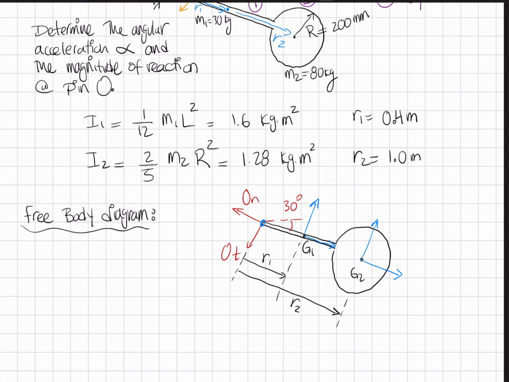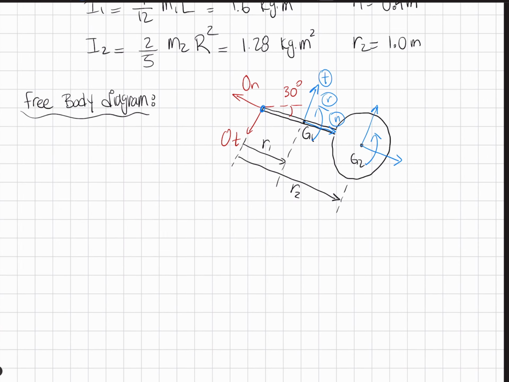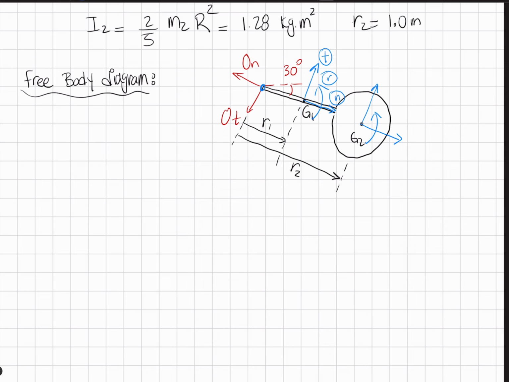In addition, I know that the entire body is rotating clockwise, so I expect a general rotational inertia as well. So there are three components that we're dealing with: tangential components, a normal component, and a rotational component. These are all elements of the three equations of motion that we need to address right now. So what I want to do now is take these two points, G1 and G2, and zoom in on them a little bit more.